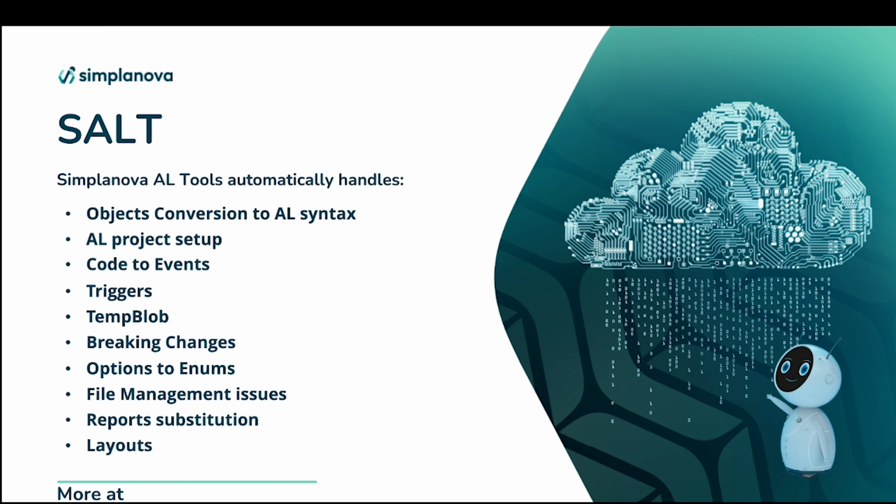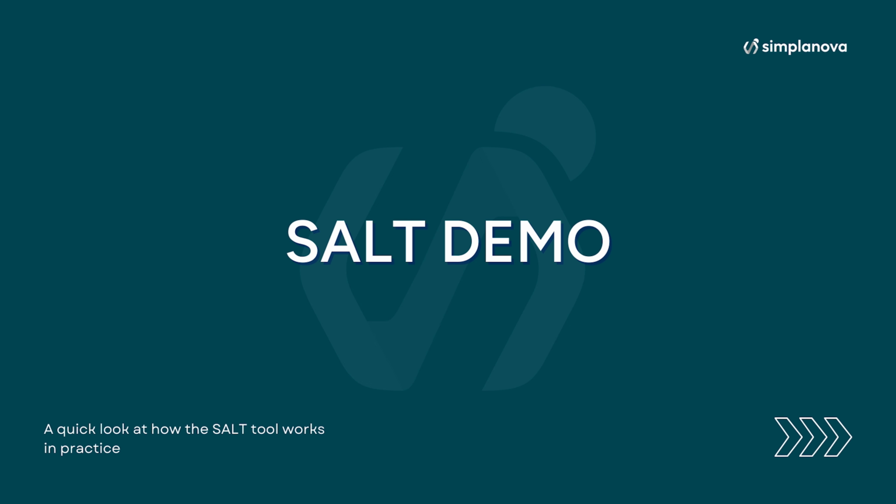It can help you to move your code to events and triggers, deal with temp block and breaking changes issues, rework options to enums, and some of the other things mentioned here in this slide. So let's just dive in our demo.